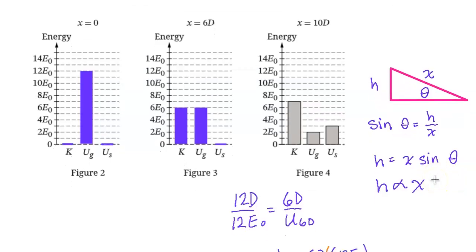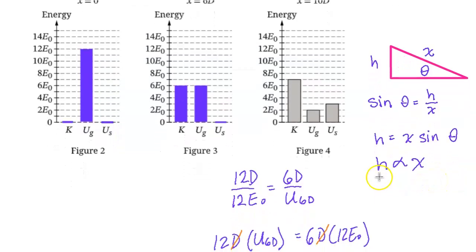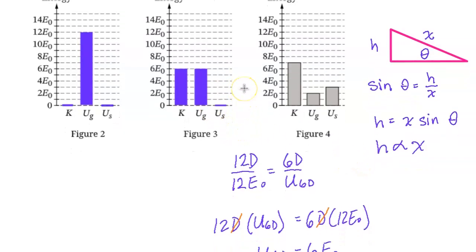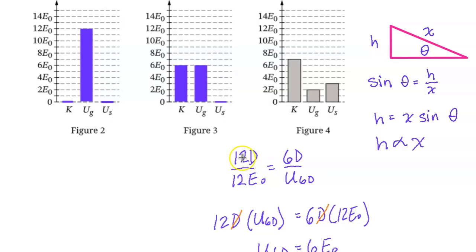And so from this equation, we see that h is proportional to x. So we're going to use some ratios to help us think about the amount of gravitational potential energy at x equals 6d. We know that when the block is at the very top, that is a distance of 12d from the bottom of the ramp.